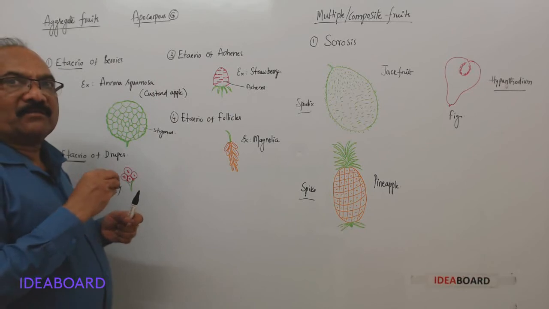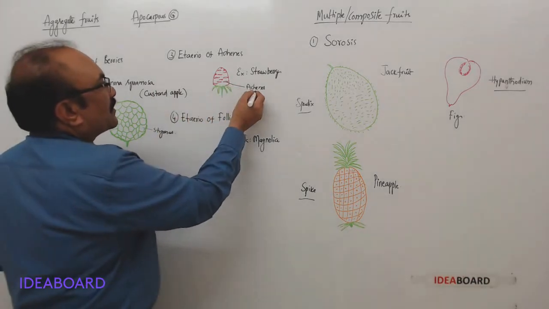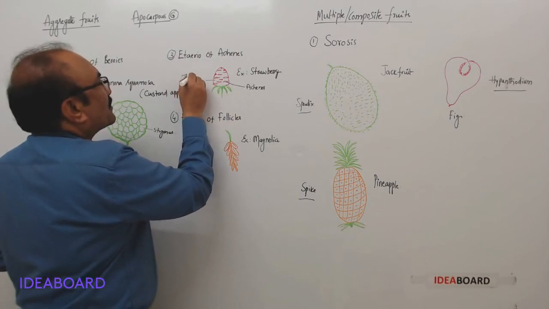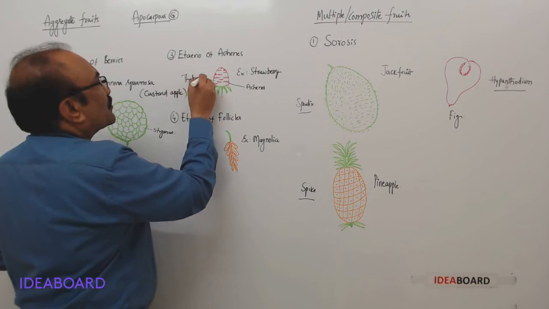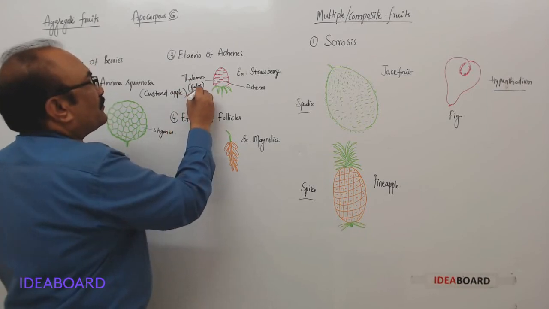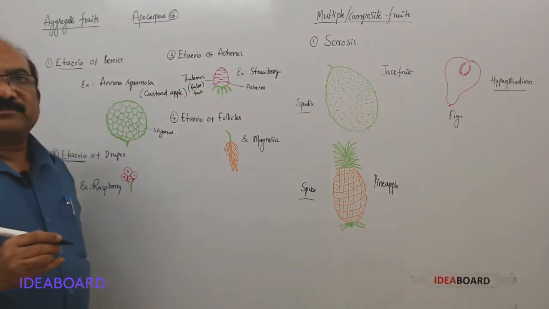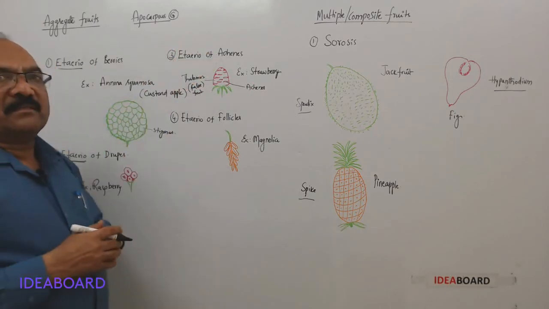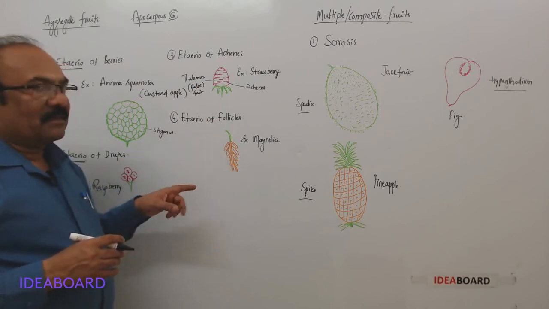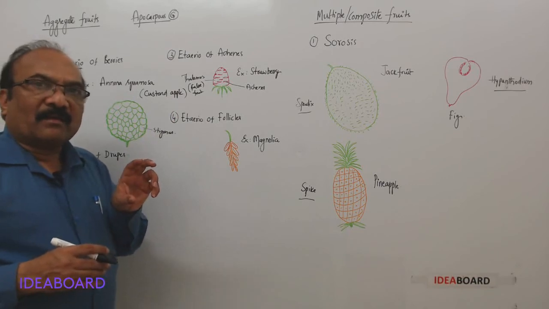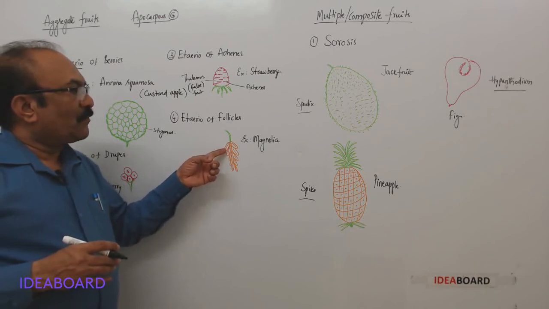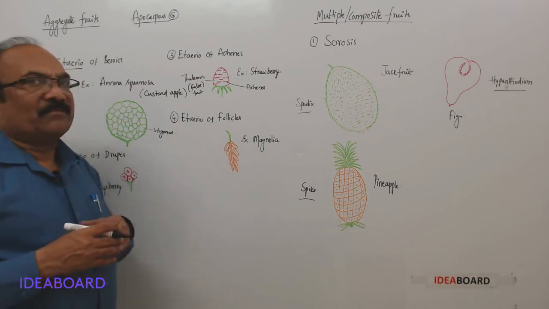I mentioned the strawberry already under pseudocarp, because the achenes are the true fruits here, and the one which we are actually eating is thalamus. So the thalamus is forming the false fruit, whereas achenes are the true fruits. So this is etaria of achenes, and etaria of follicles. You can see here, this cluster didn't develop from many flowers. The cluster developed from a single flower, apocarpous gynoecium. Magnolia is the example for that.